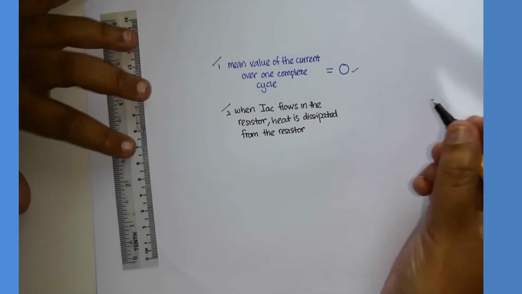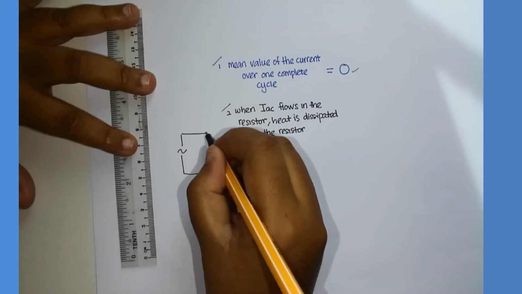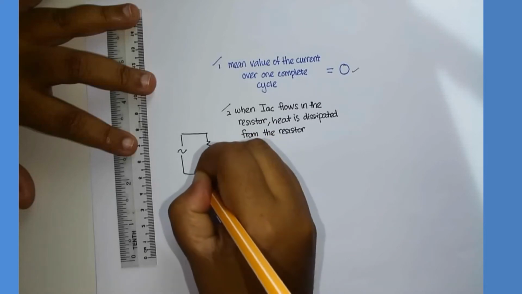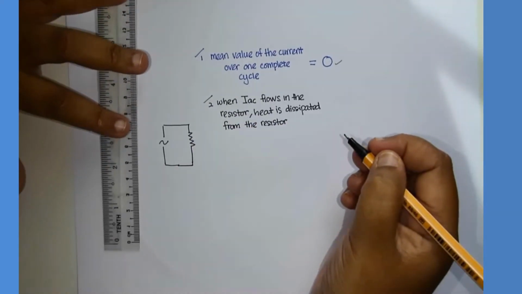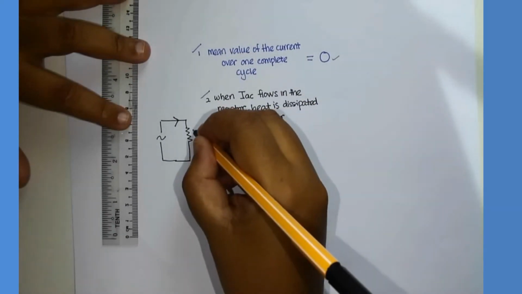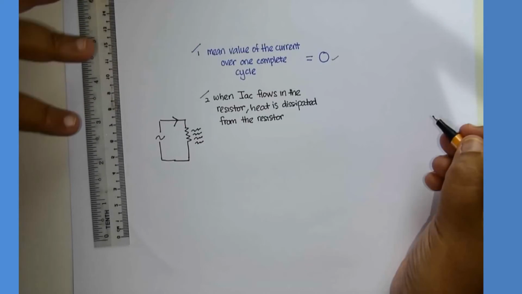Okay, so now I have a voltage supply, alternating, fixed to a resistor. So when current flows into the resistor, heat is dissipated from the resistor.